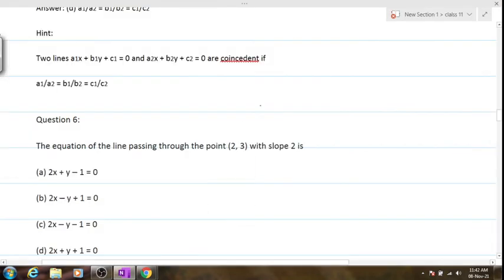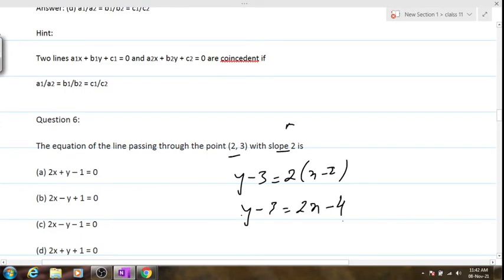Anyone else with the option? m happens to be 2, I don't think it will be a big issue for you all. 2 into x minus 2 is the answer, or y minus 3 is equals to 2x minus 4. So 2x minus y, this thing goes out there, you'll be getting option number, I think it's C.